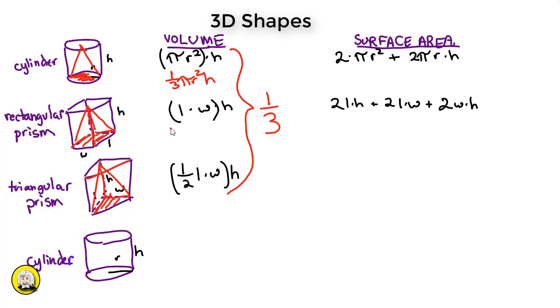The rectangular pyramid will be 1/3 length times width times height. The triangular pyramid will be 1/6 length times width times height, each of which is multiplied by 1/3. So that is our key for memorizing the relationship between cones and pyramids and their cylindrical and prism shapes.